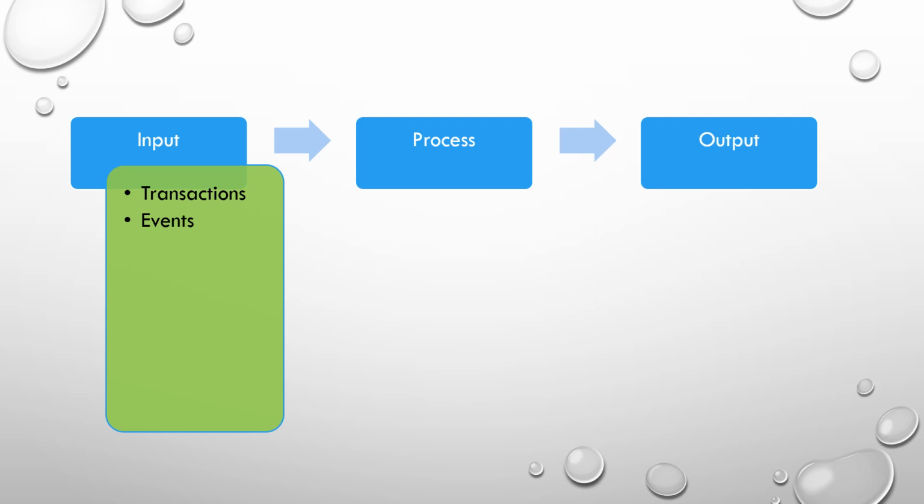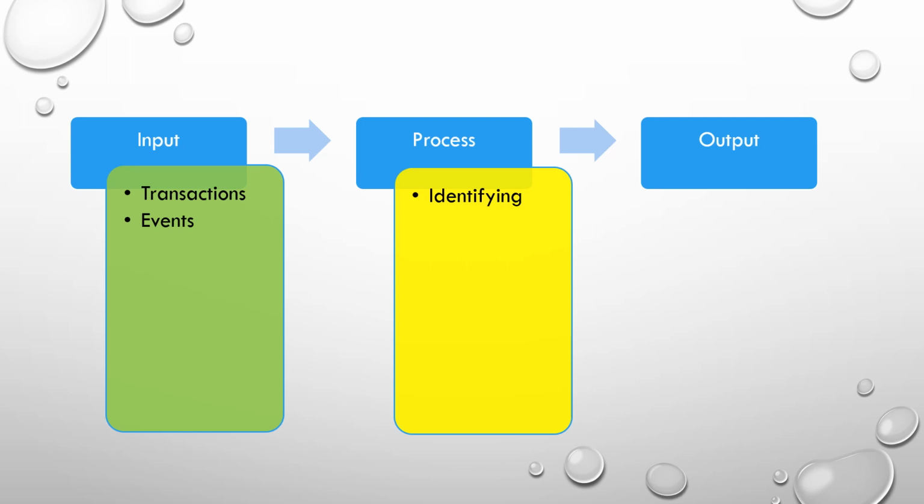These transactions and events are then processed into meaningful information. So the process involves identifying transactions and events. We identify transactions and events with source documents such as debit note, credit note, invoices, vouchers, etc. These source documents provide raw data about your transaction.